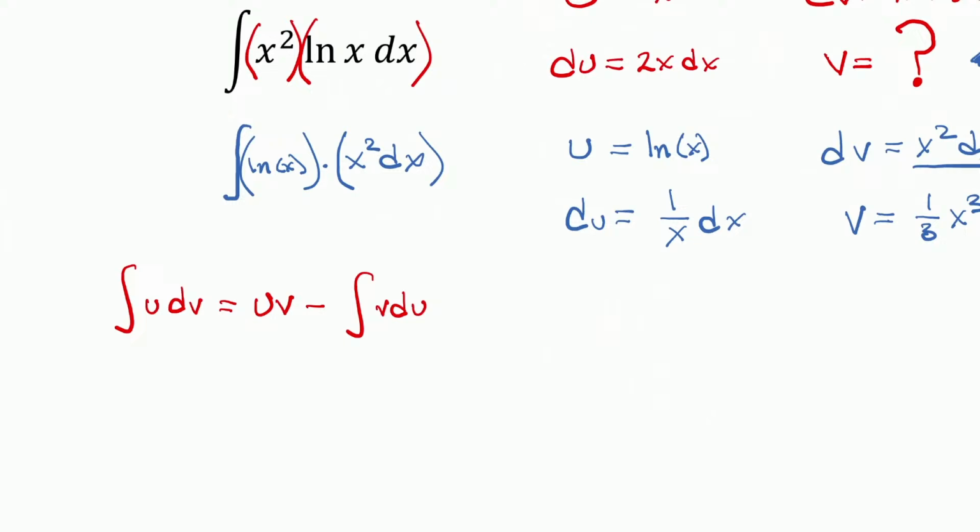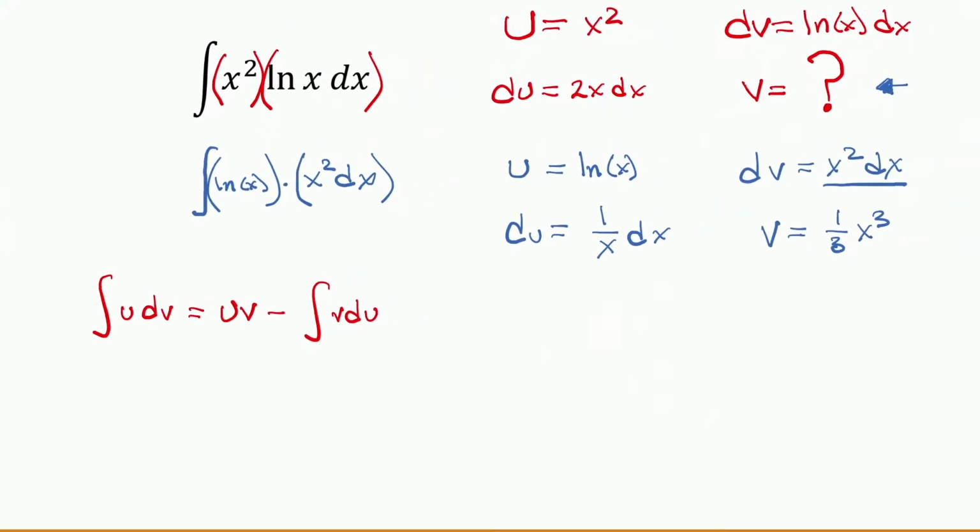I have no idea what you're writing on your paper. At any rate, if you write it out enough times, you'll have it memorized. So write it each time you do this, and then at some point you'll say, I don't need to write this anymore because I am so sick of writing u times v minus the integral of v du. And you'll have it in your head, it'll be stuck there.